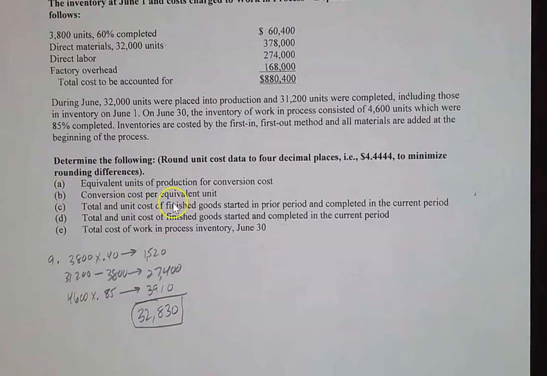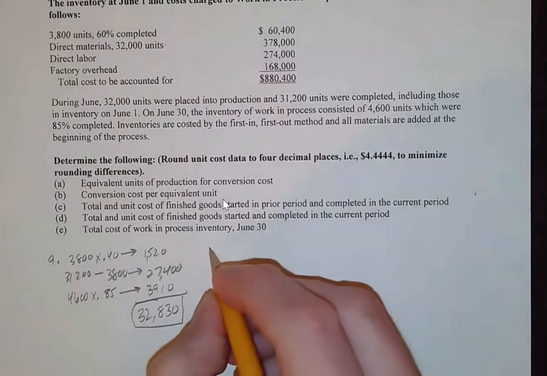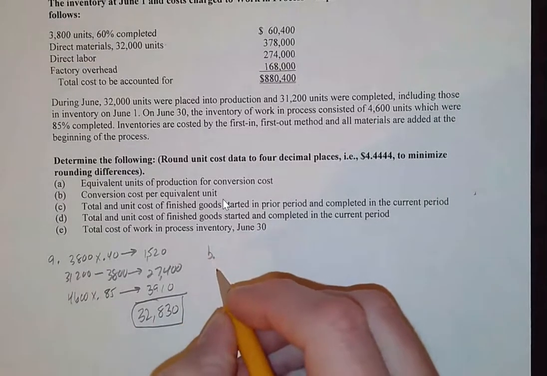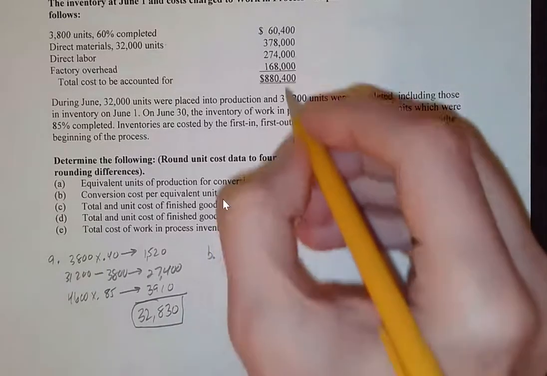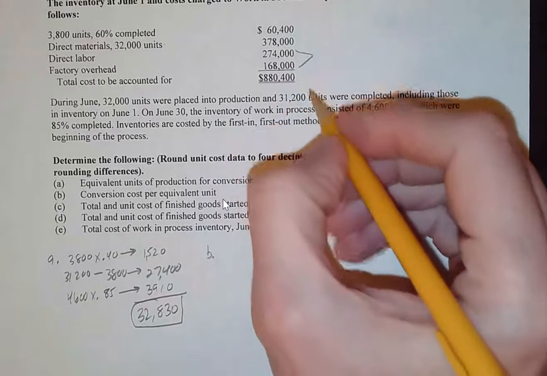And B, they want to know the conversion cost per equivalent unit. Okay, so this is not too bad either. So what I want to do here is let's just put a B right here. And we want to notice that our conversion costs are made up of these two figures right here.